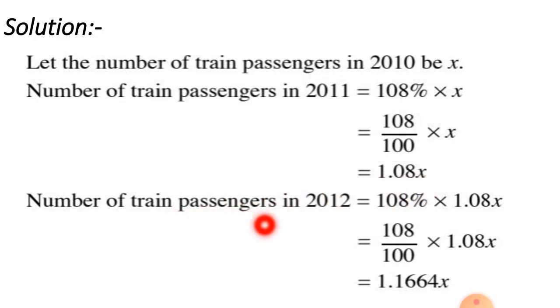The number of train passengers in 2012 has an 8% increase, so 100 plus 8 becomes 108 percent into the number of 2011, that is 1.08x, with 100 in the denominator. When we calculate these numbers, we get 1.1664x.